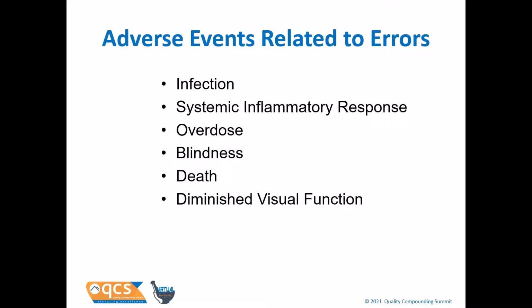As far as compounding is concerned, in pharmacy we realize that errors are going to occur because of the complexity of compounding especially, but we have to do everything we can to minimize them. Another adverse event was diminished visual function.